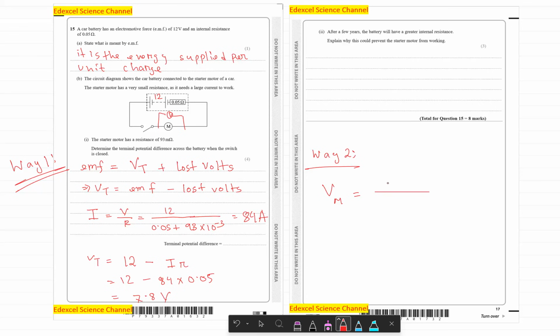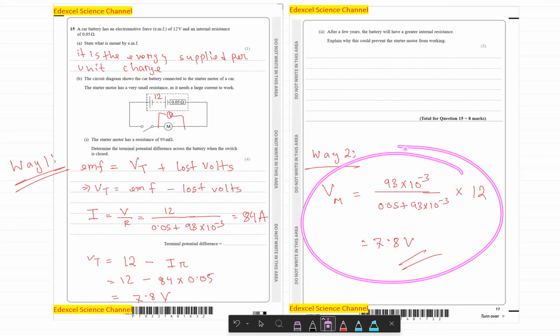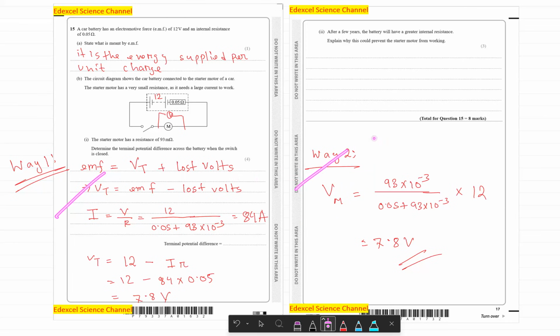So the resistance of the motor is 93 times 10 to the power minus 3, and the total resistance is 0.05 added with 93 times 10 to the power minus 3, and the total voltage input in this circuit is 12 volts. And in that way, you can also find 7.8 volts. Okay. As you can see, this process is much easier, but whichever way you go for it, you will get full marks. No problem.